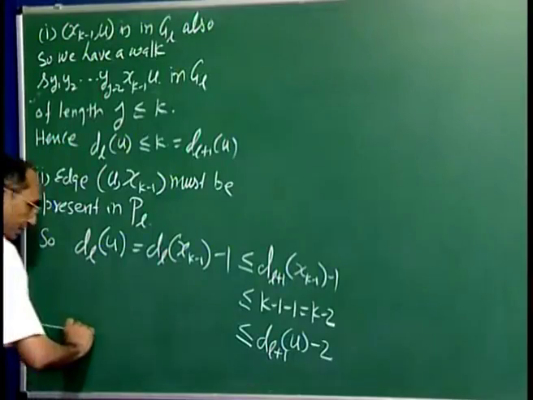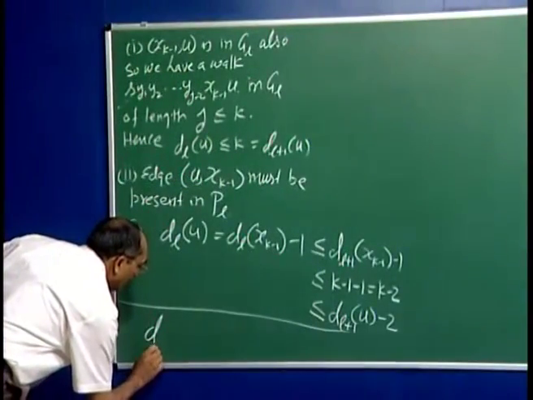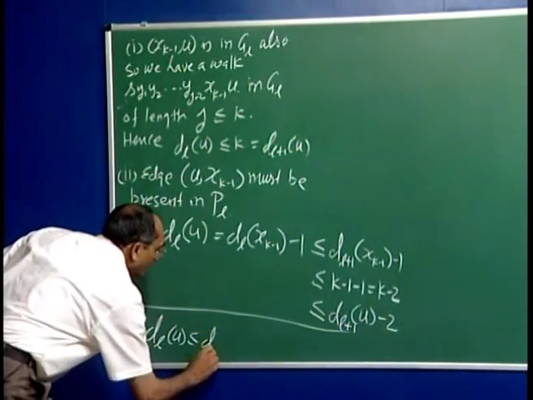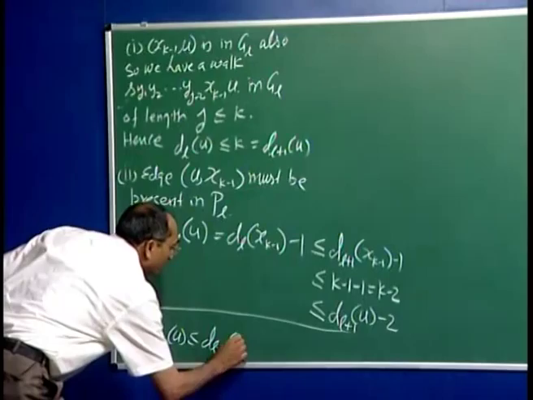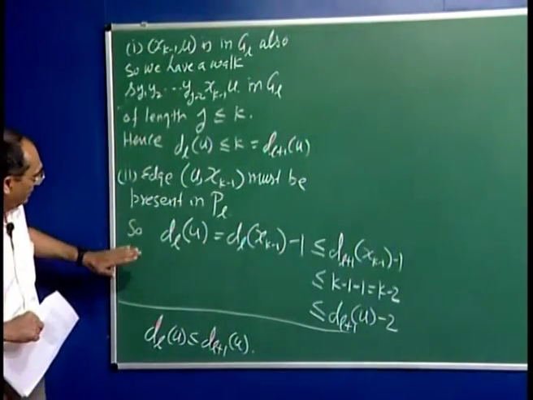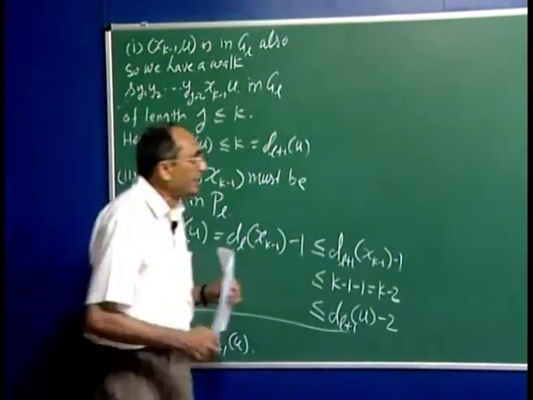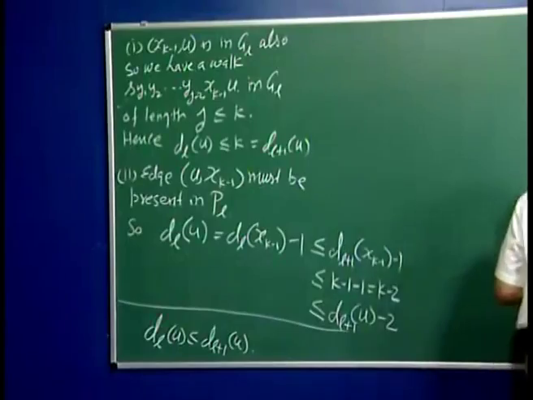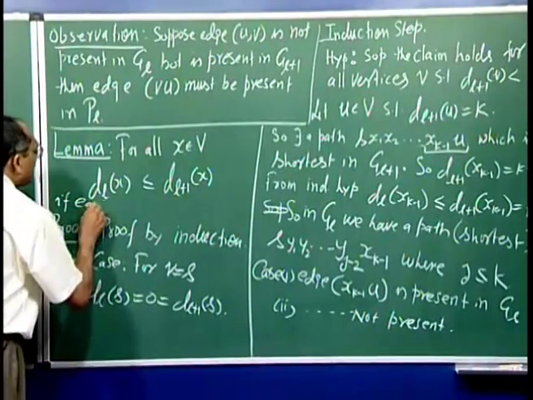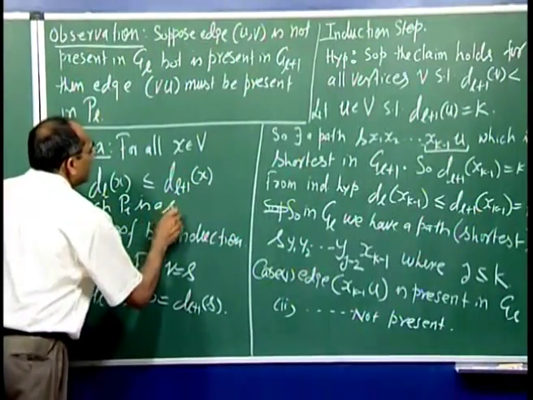So, either way we have shown that dL of u is less than equal to dL plus 1 u if the augmentation path is the shortest path. So, the lemma, to be precise, is this is true if each pi is a shortest path.